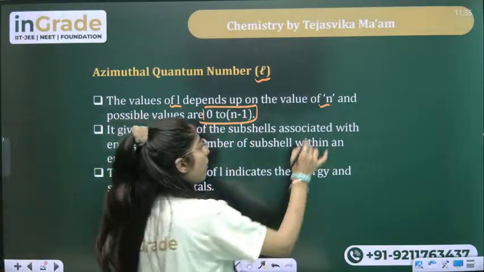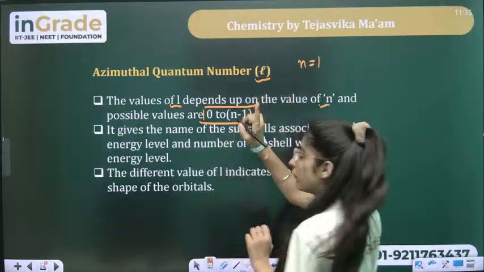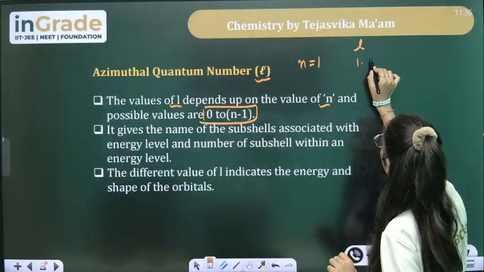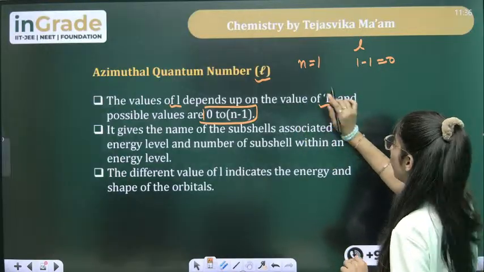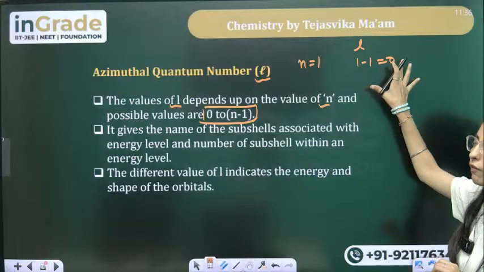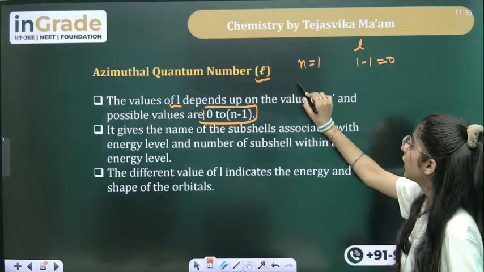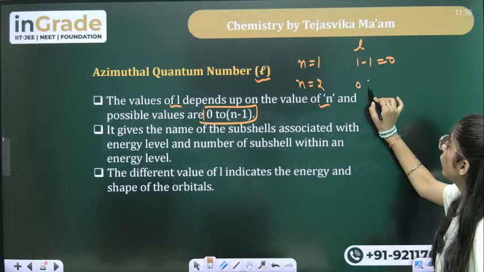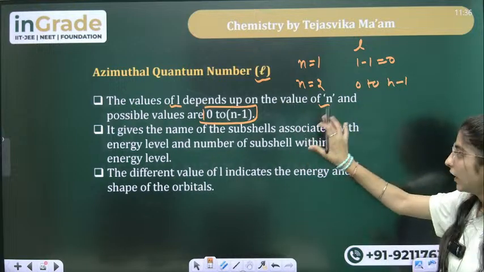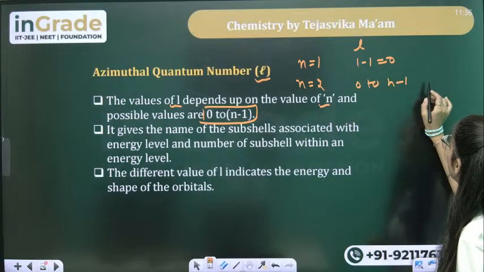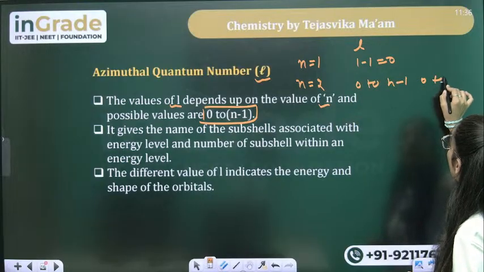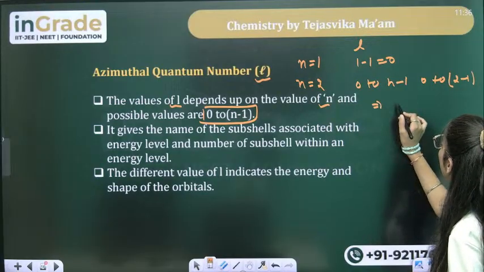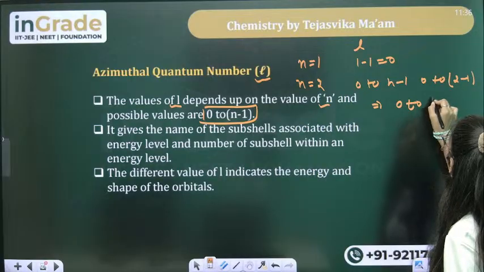Let's take an example of n equals 1. If the value of n is 1, then I know that the value of L will be 1 minus 1, that is equals to 0. So for n equals 1, the value of L will be 0. If n equals 2, then using the formula 0 to n minus 1, we get 0 to 2 minus 1, that is 0 to 1.